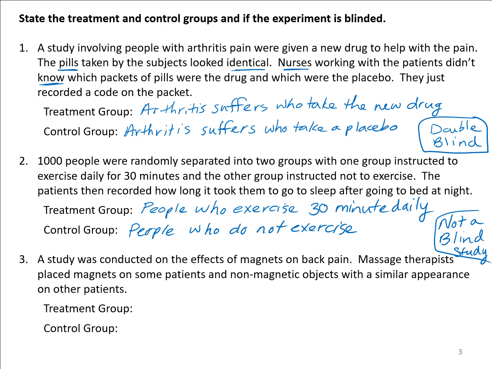Third example, a study was conducted on the effects of magnets on back pain. Massage therapists placed magnets on some patients and non-magnetic objects with a similar appearance on other patients. The treatment group would be the patients who were treated with magnets, and then the control group would be those patients who were treated with this similar but non-magnetic object.